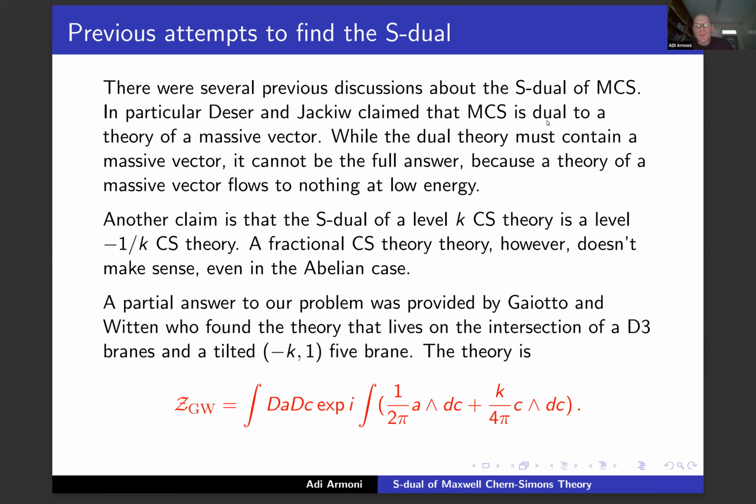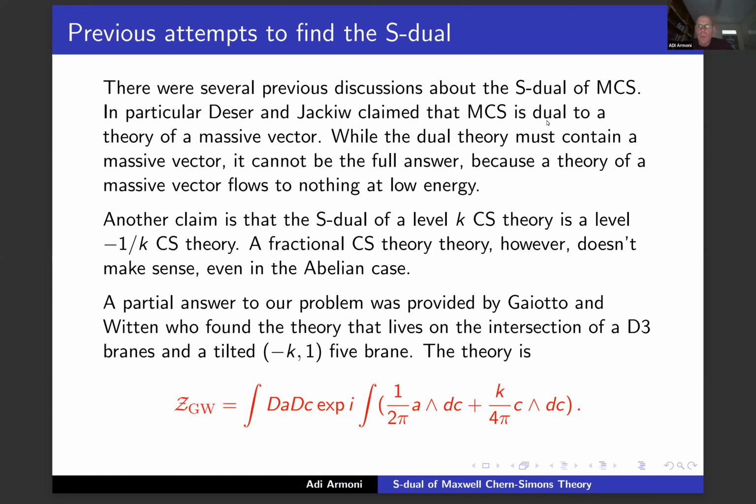That's the theory that lives on the intersection. So the S-dual somehow contains two fields. Let's call them A and C, and we have to have both of them. Now, if you naively integrate out C, then you get a level -1/K Chern-Simons term, except that you cannot do that. The integration, as we shall see, is very tricky. So what Gaiotto and Witten wrote is correct, and that's the S-dual, but it's not a -1/K Chern-Simons theory.